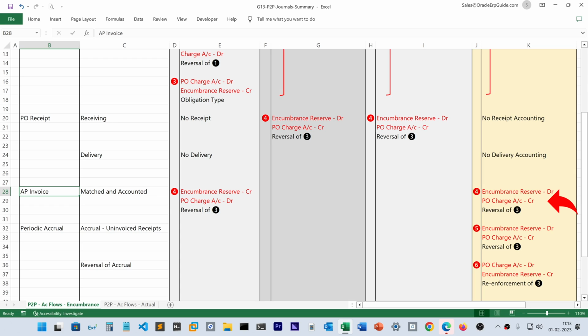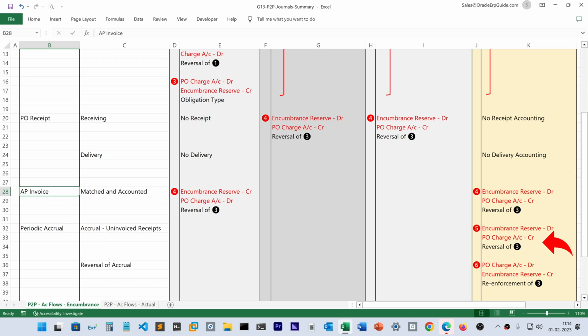So there are two cases here. Whichever event happens first, it could be either AP invoice matching and accounting, or it could be periodic accrual, is going to reverse the PO encumbrance. In case the periodic accrual happens first, in the January-February example, your invoice is coming in February. So end of January, these two entries will happen.